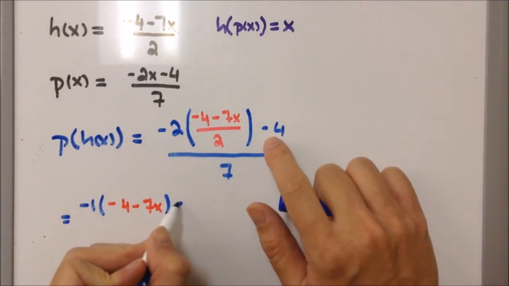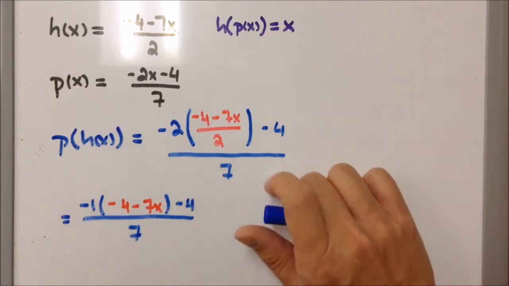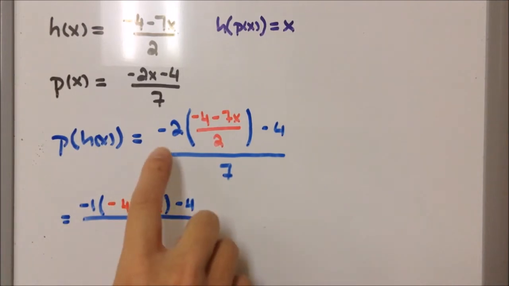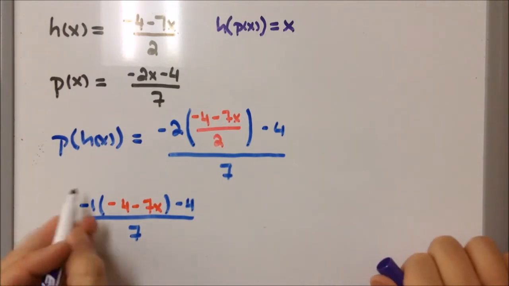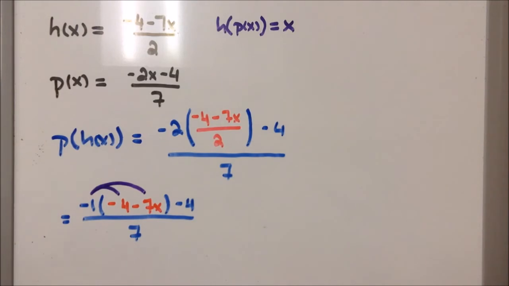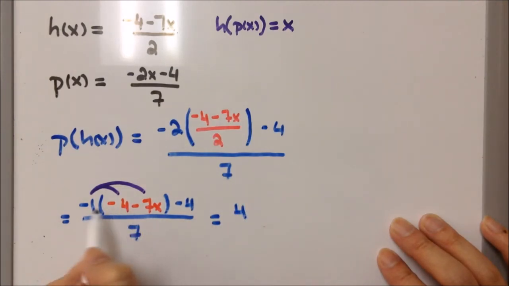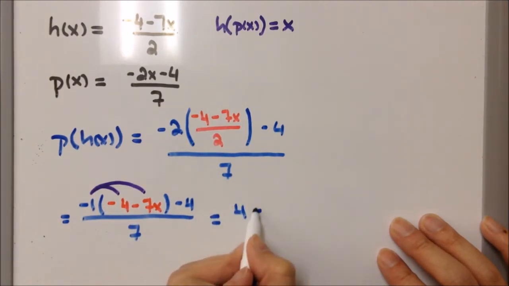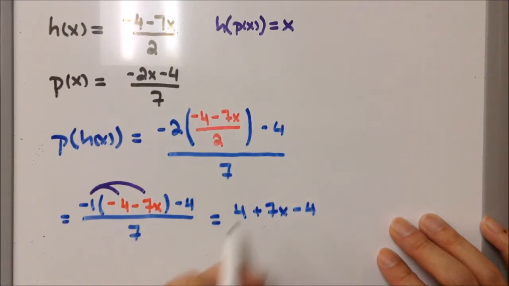Then we bring out that minus 4. The whole thing divided by 7. So again, negative 2 divided by 2 is that negative 1. Now, I'm going to distribute that negative 1 just like in the last composition. Alright. So negative 1 times negative 4 is just 4. And then negative 1 times minus 7x is just plus 7x. Minus 4, that was from here. The whole thing divided by 7.